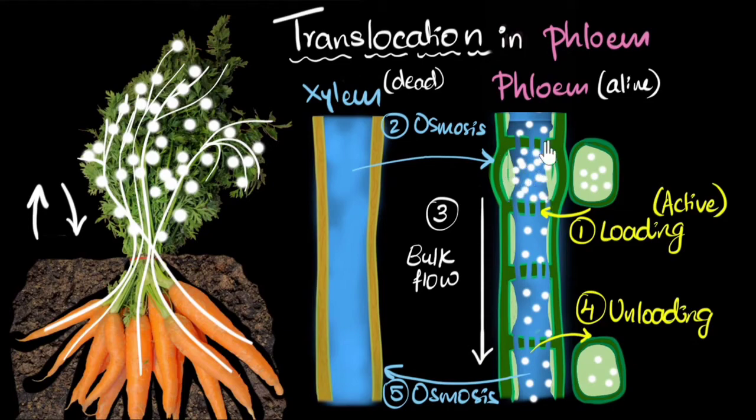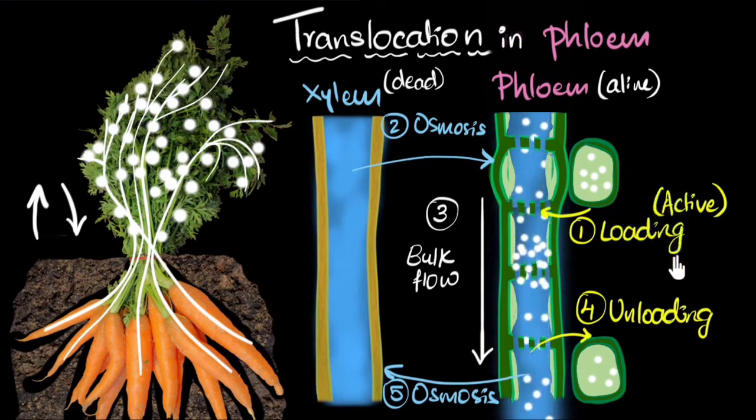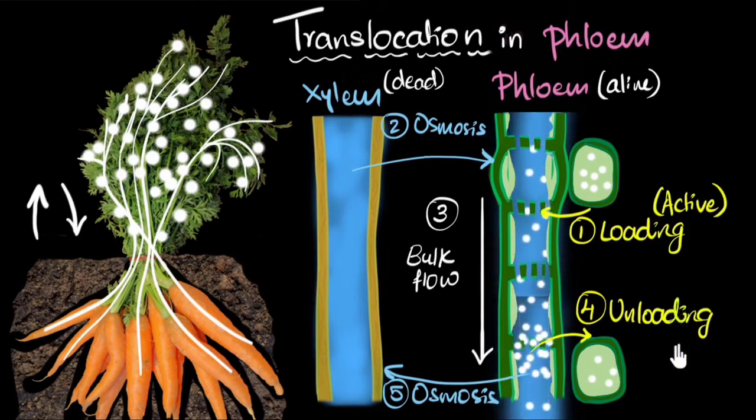And because there is a high pressure region over here, it automatically wants to move towards the low pressure region. And the low pressure region is the region where there is less concentration of sugars. And as a result, the whole sap starts moving towards the low concentration region. So this is step 3, which is bulk flow. The whole sap moves from higher to lower concentration. And now that pressure is relieved.